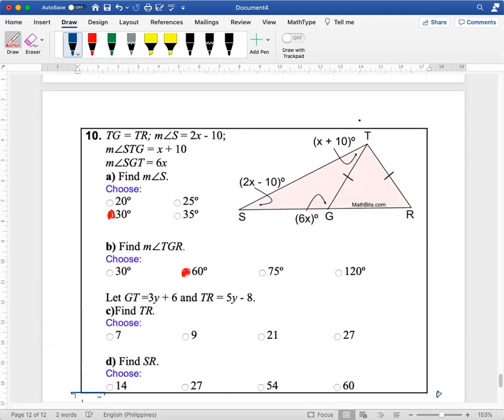Now, GT and TR are congruent, right? Because it is given that triangle GTR is an isosceles triangle where the congruent sides are GT and TR.